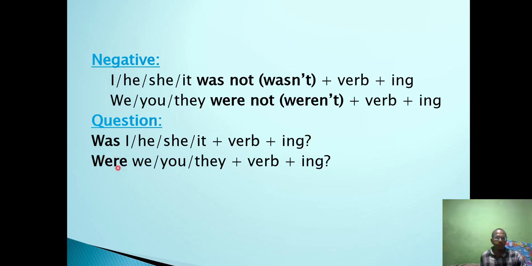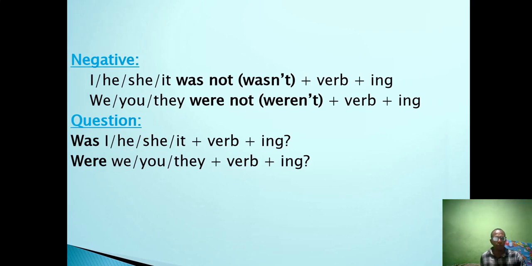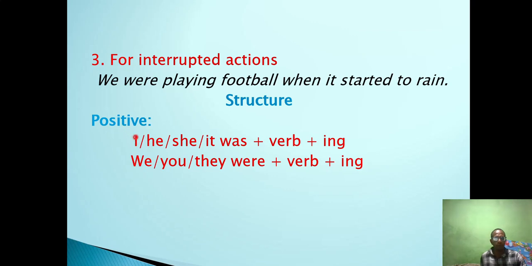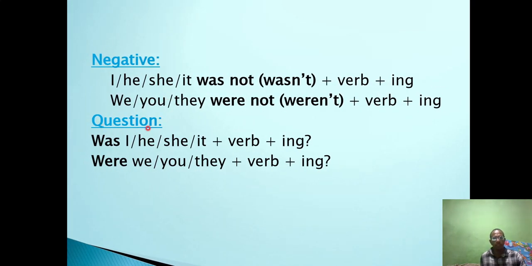And were is used if we have subjects like we, you, and they in our question, and then verb plus ing. So these are the structures to form positive sentences, negative sentences, and questions using past continuous tense. To master it, you should practice again and again, and watch the lessons released here, which are very important for you.